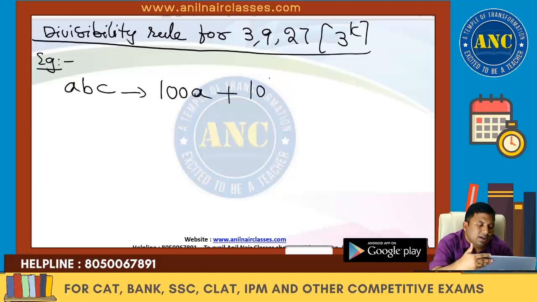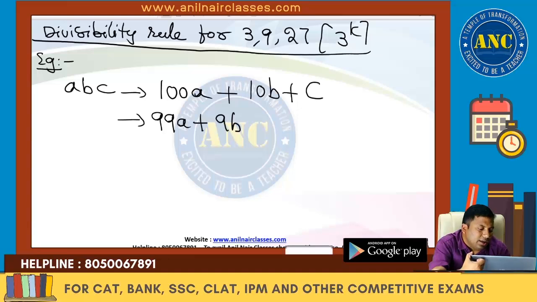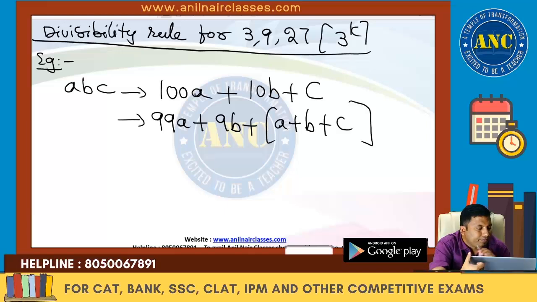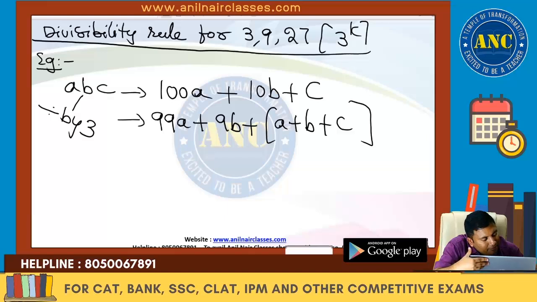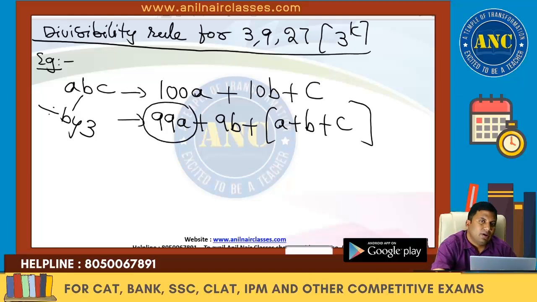B is there in the tens place, 10B plus C. This can be written as 99A plus 9B plus A plus B plus C. If ABC is divisible by 3, assume that the left hand side is divisible by 3. 99A is divisible by 3. 9B is divisible by 3. A plus B plus C should be divisible by 3.